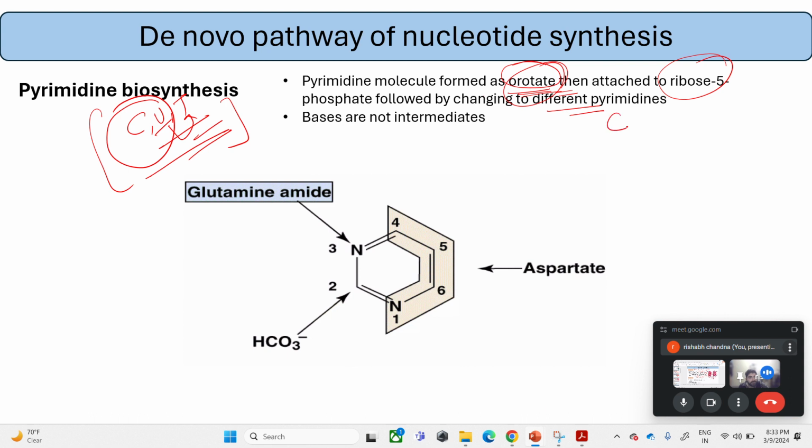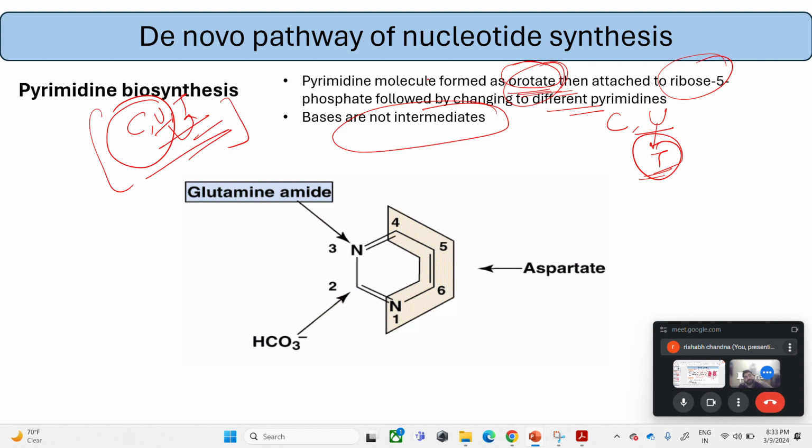We have a process for C and U, which further leads to the formation of T. Here the bases are not intermediates; they are assembled over the ribose 5-phosphate.